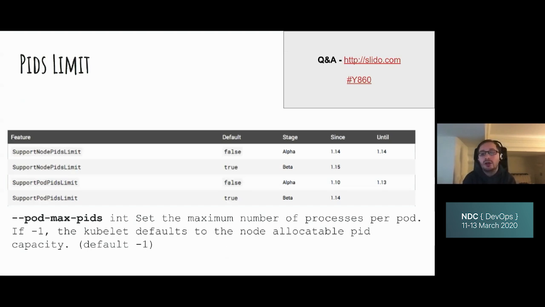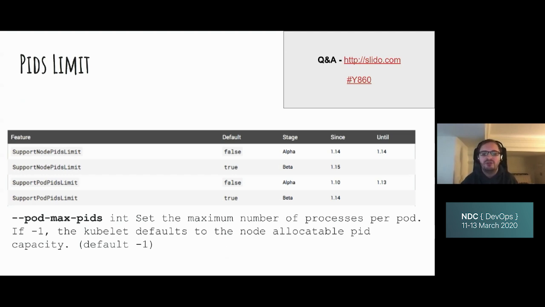Docker has had this for a very long time: the ability to set a PIDs limit, so how many processes a container can be running. And this has been recently introduced into Kubernetes at 1.14 and beyond. So when you start your kubelet, the kubelet being the process which is managing a Kubernetes worker node, you can set a max limit for all of the pods on that host.